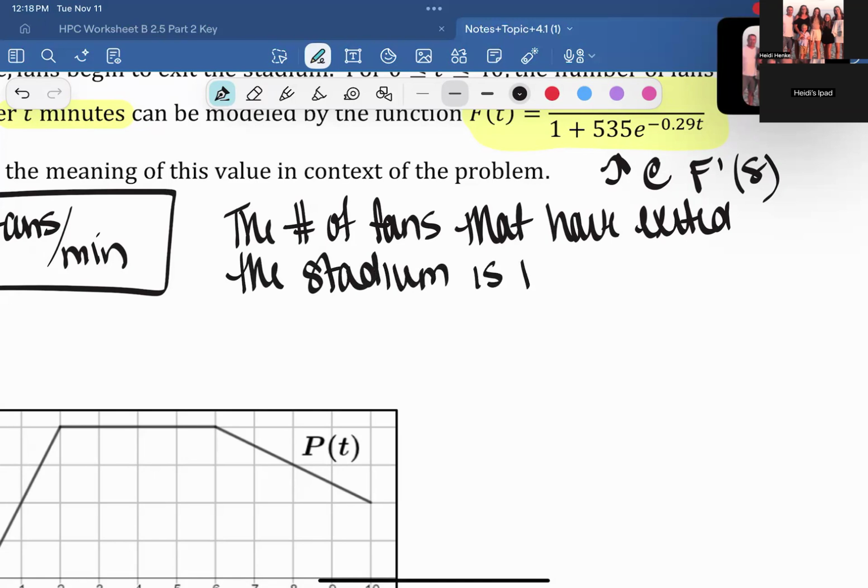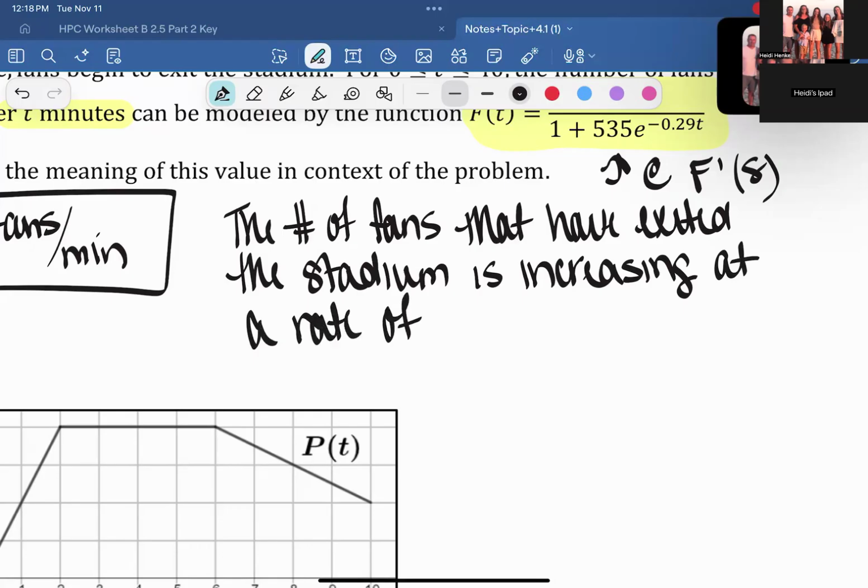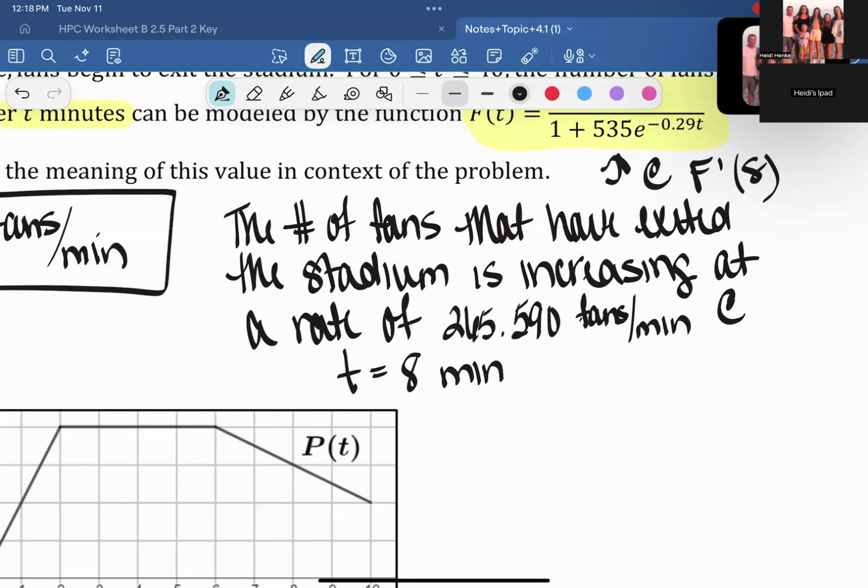It's positive, so it's increasing at a rate of 265.590 because we only round to 3, fans per minute or people per minute at specifically time 8 minutes.